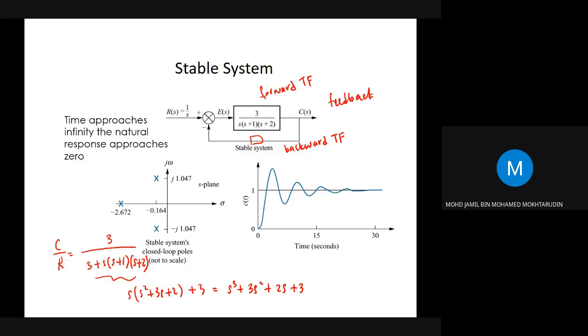And then you try to get the root of this denominator. And then we can plot the root in what we call the S-plane. In an S-plane, basically the y-axis is the imaginary axis. J here is the square root of minus 1, equals j. Or if you learn in maths, we also denote it as i.